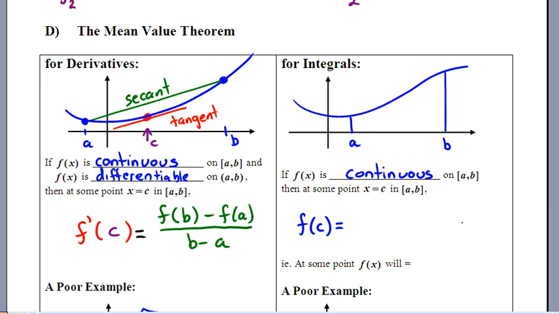Here's me calculating the average value of that function: 1 over b minus a, there's me dividing by the width, and then integrating to find the area, starting at a, finishing at b. So in other words, at some point f of x will equal its average.